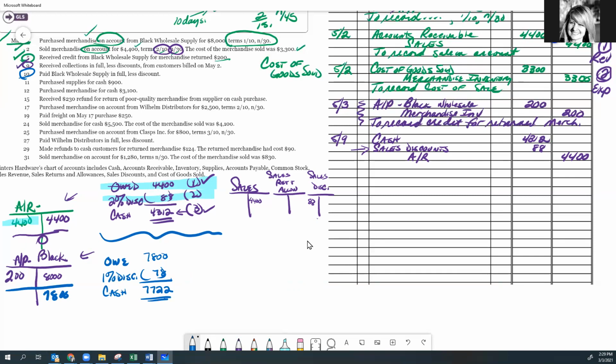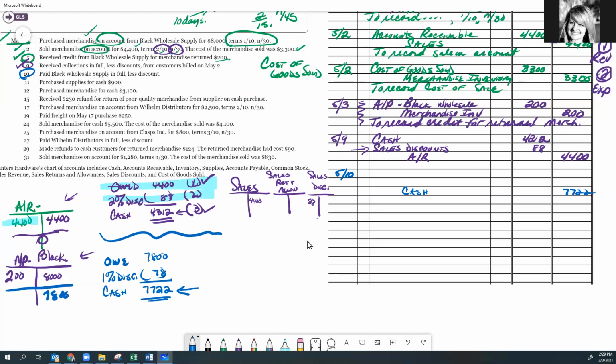Okay, so I always like to take the easy one first until we get good at it. So on 5/10, we know for sure that we are going to use our cash of $7,722. So cash is an asset. If we've used our asset to pay this bill, we need to credit it to make it go down. So I'm going to go ahead and credit cash for the amount of cash that I used, $7,722.